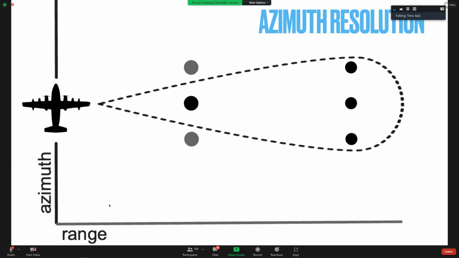We could understand each range line as taking more like a line sensor, because we're moving along azimuth and then taking this data along the range lines.